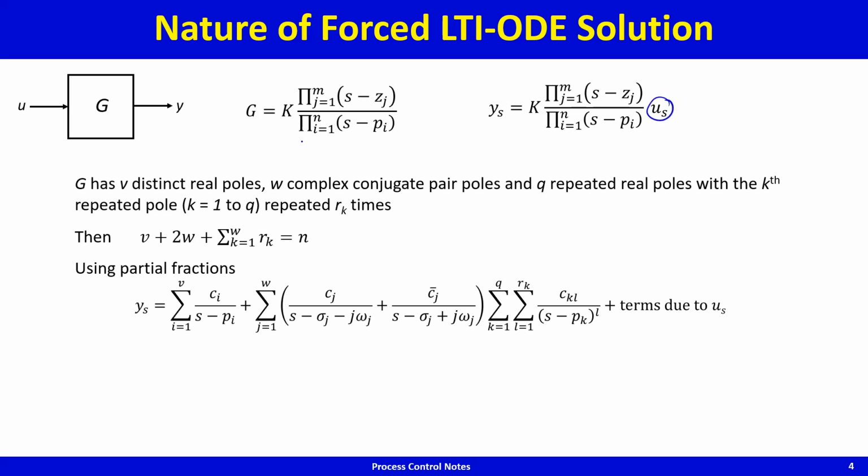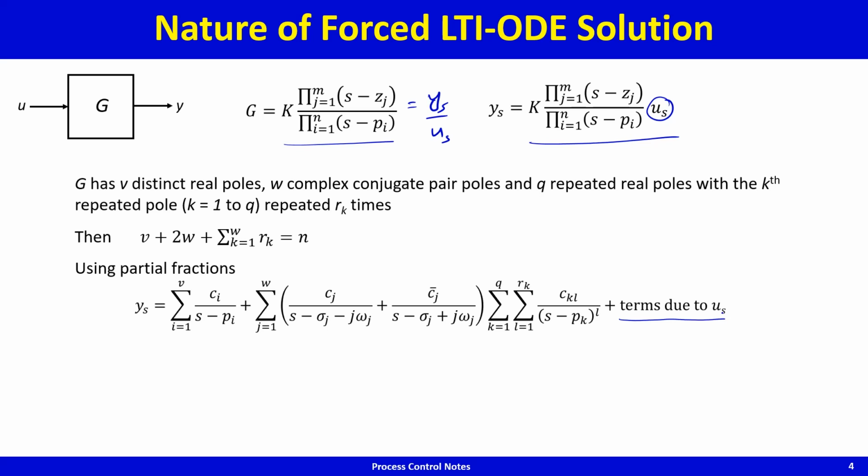So G is this, and G is equal to Y(s) by U(s), and therefore Y(s) is equal to G times U(s). And when you start taking the partial fraction of this, you will get the partial fraction terms due to the transfer function itself, plus you will have terms due to the Laplace transform of U(s).